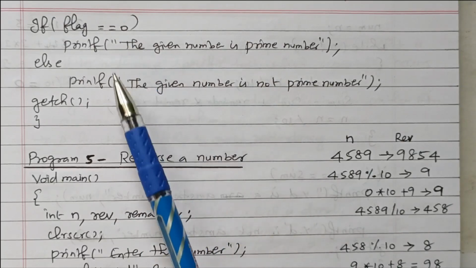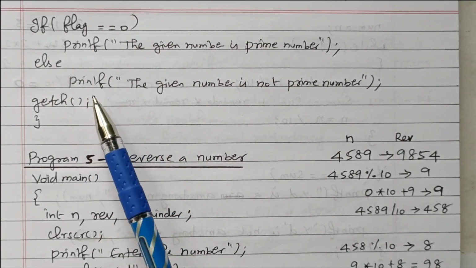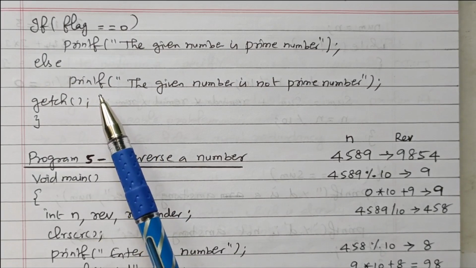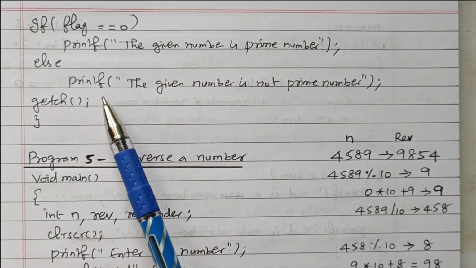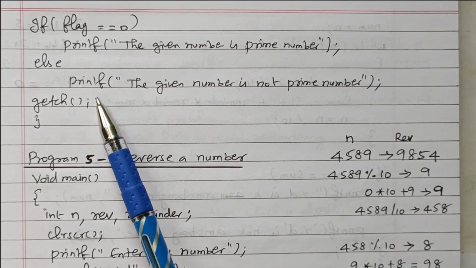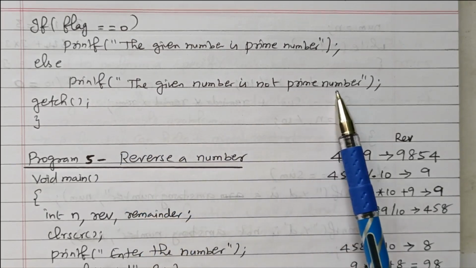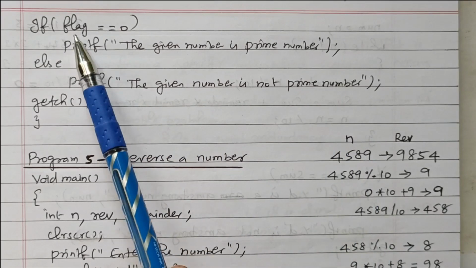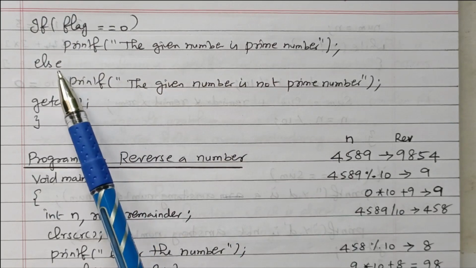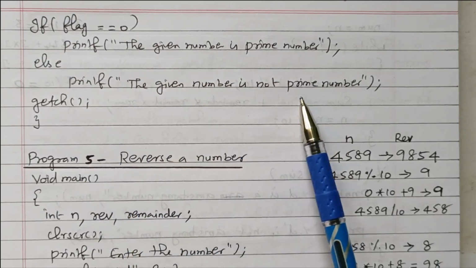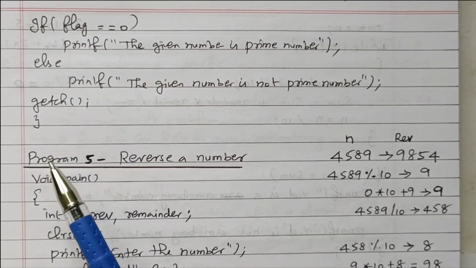Else, the flag has become 1, meaning the number was exactly divided and the remainder is 0. So in this case, the given number is not a prime number. So by checking the flag, if it is 0, the number is a prime number. If it is not 0, the given number is not a prime number. Then after getting the result, we can close the program.